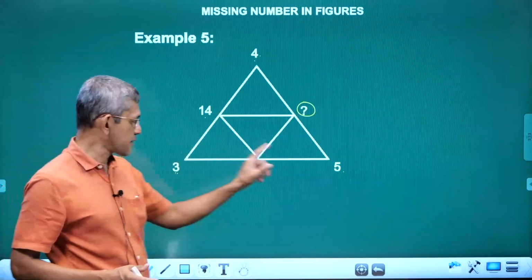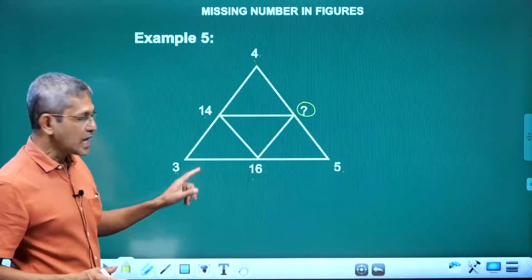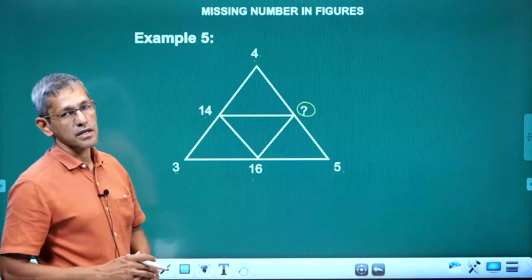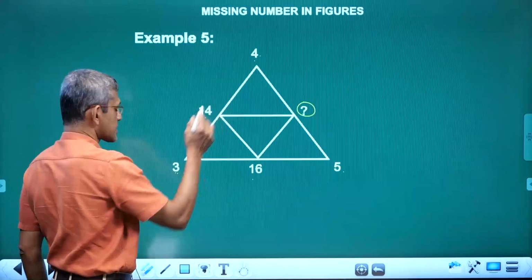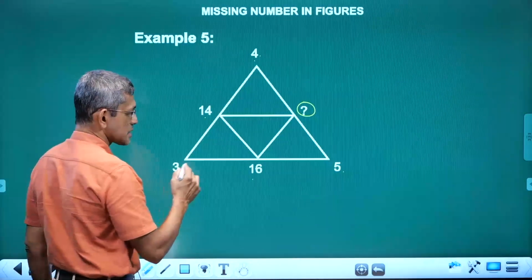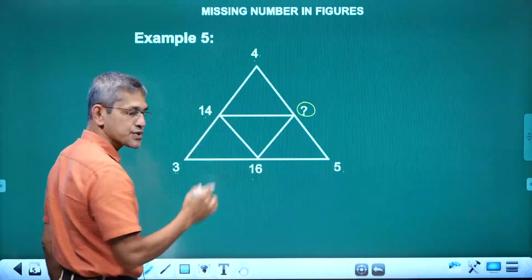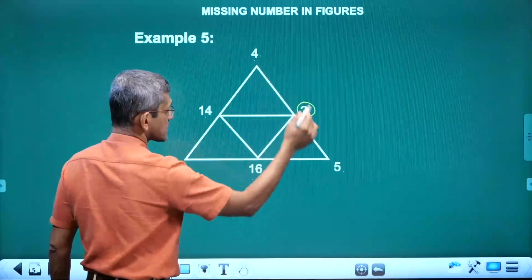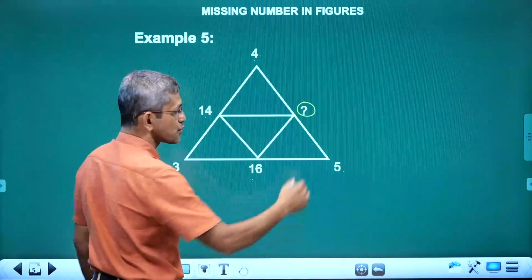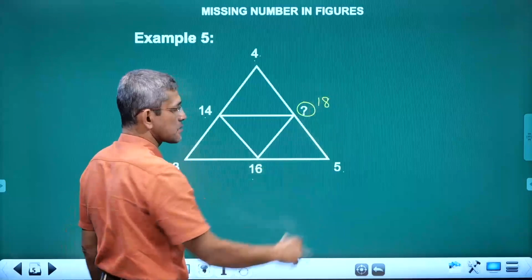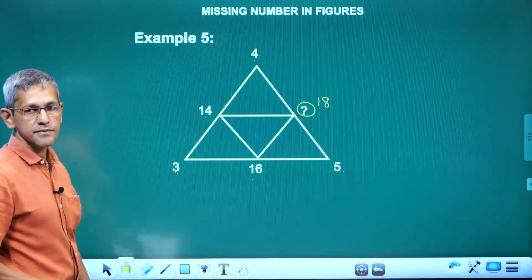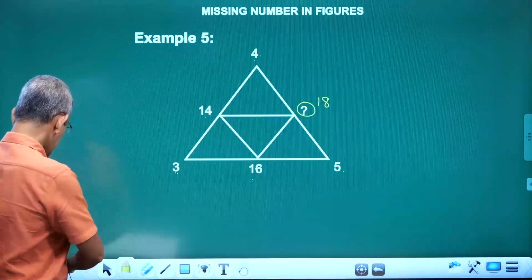Here 3 and 5. 3 plus 5 is 8. 8 into 2 is 16. Okay, that makes sense. So that means 5 plus 4 is 9. 9 into 2 is 18. So the missing number would be 18. See that? Okay, next one.